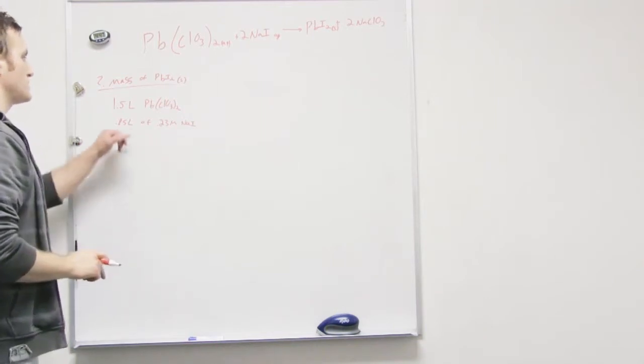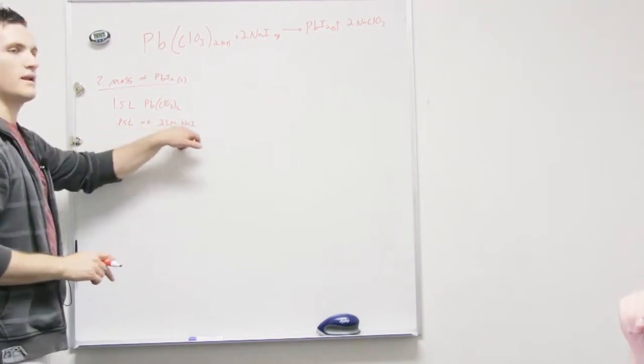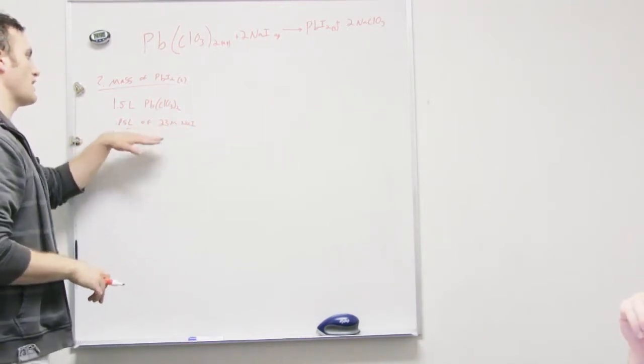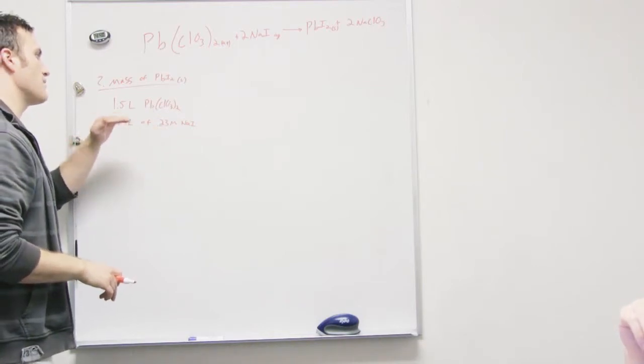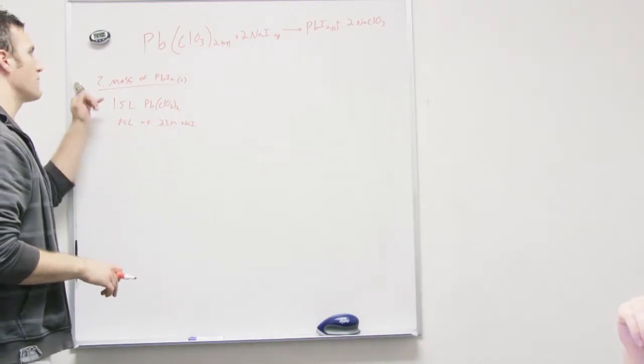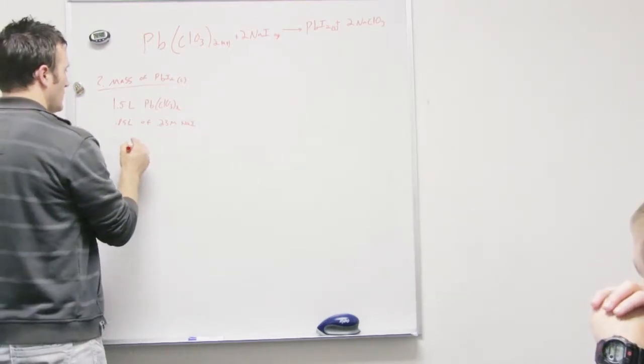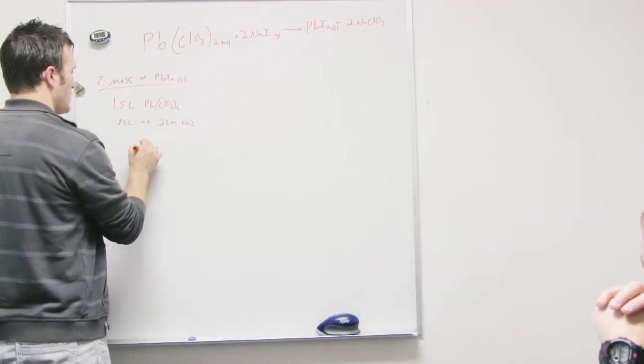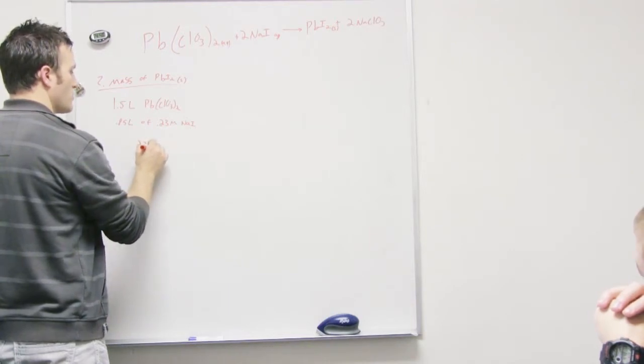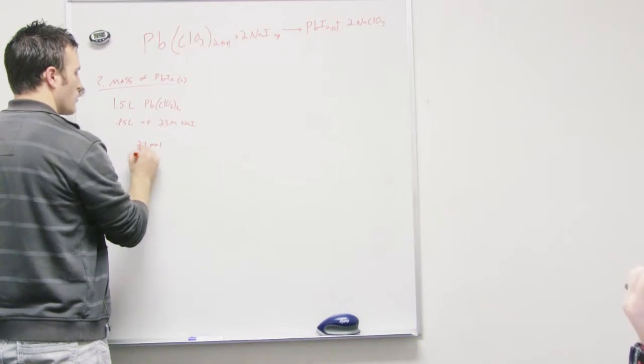I think the best place to start is probably with the sodium iodide, because we can get rid of all these numbers and say this is how many moles we have. If we have 0.23 molar, that means 0.23 moles per 1 liter, right?